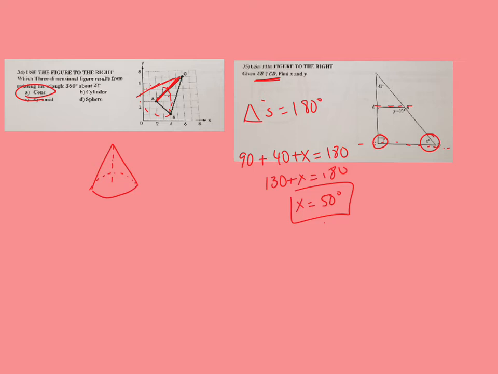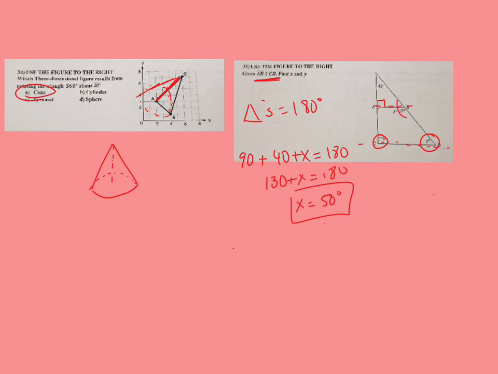There's a bunch of different ways that I could do this again. I know that this is 90 degrees based on the corresponding angles theorem. I know that this together makes a line.